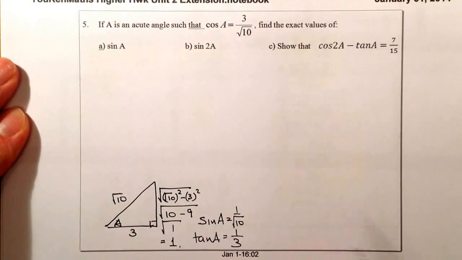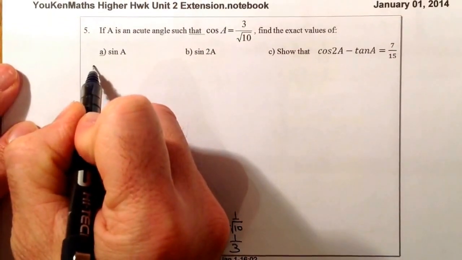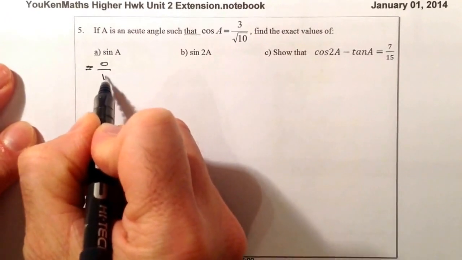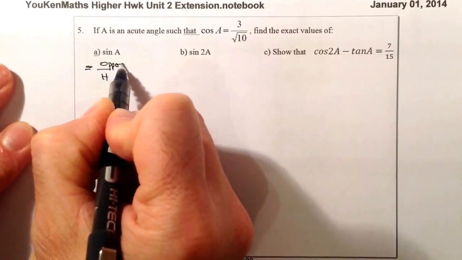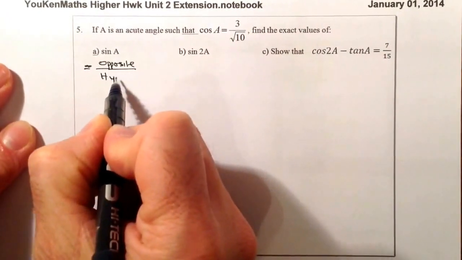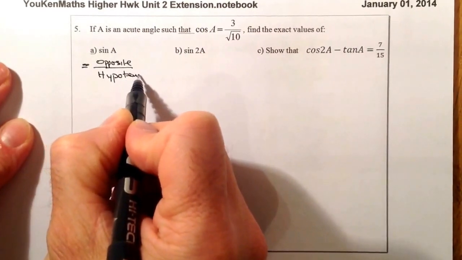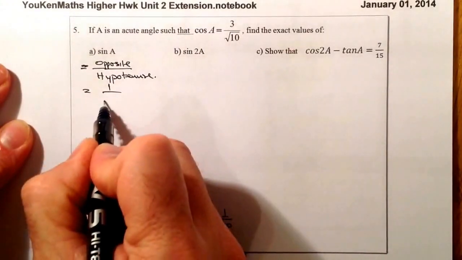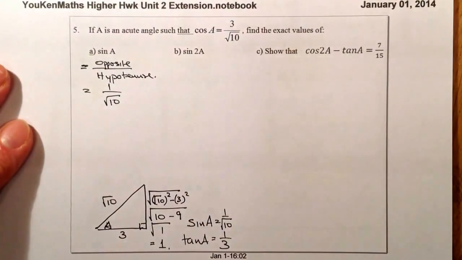Sine A, well, I've already done that, so I'll just put my working up here. So sine A is equal to the opposite over the hypotenuse. Okay, so that was just 1 over root 10.